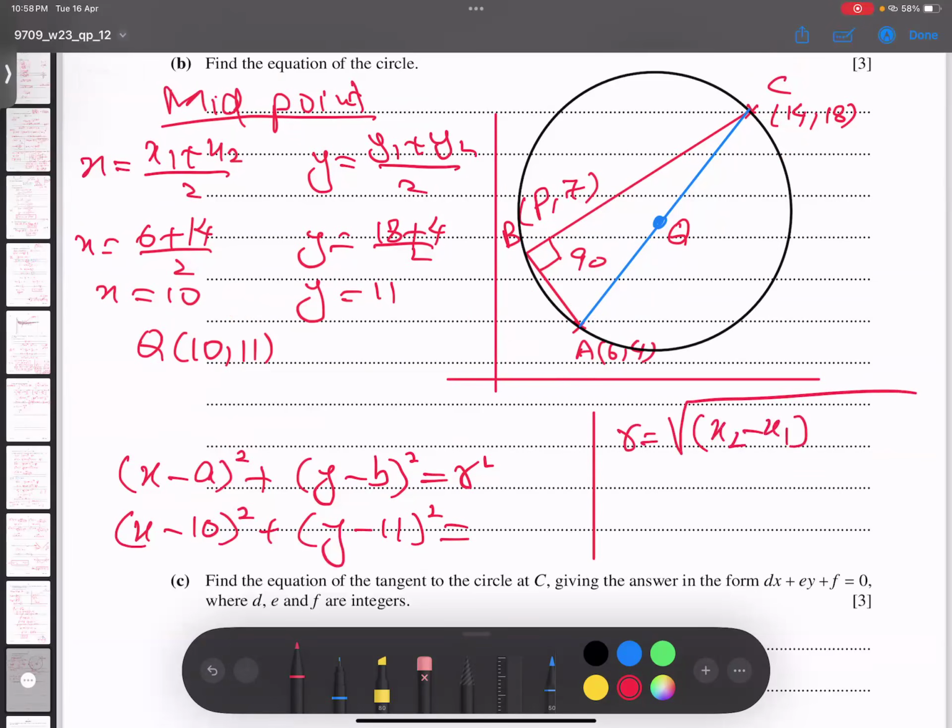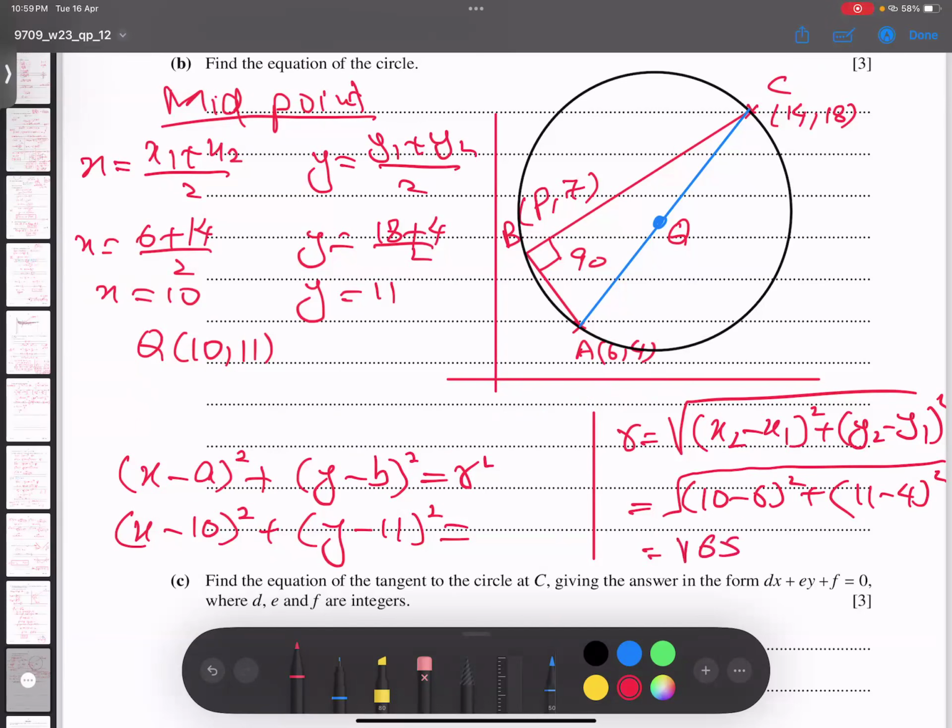Square root of (x2 minus x1) whole square plus (y2 minus y1) whole square. So I'm applying here. So (10 minus 6) whole square and (11 minus 4) whole square. Here I got 16, and the second one is coming 49, and root 65. And when I plug in root 65 here, this power 2 will cancel the root. I will get 65 only.